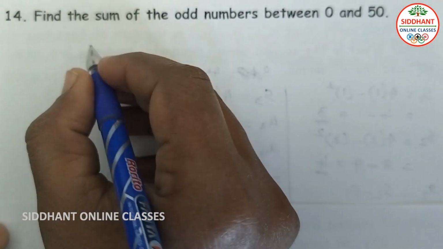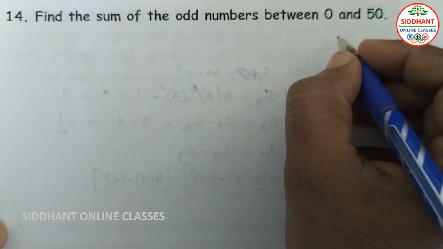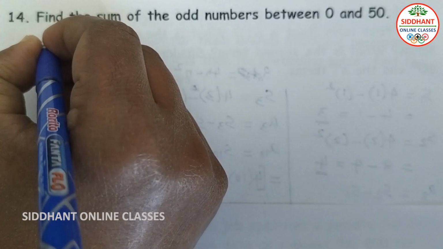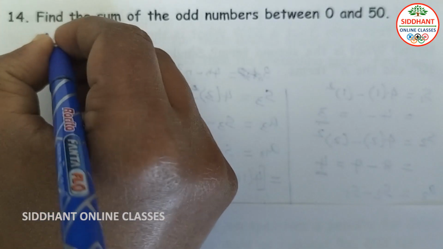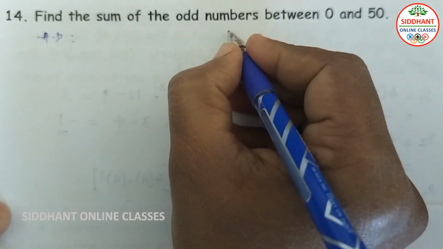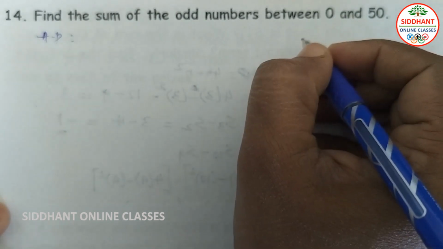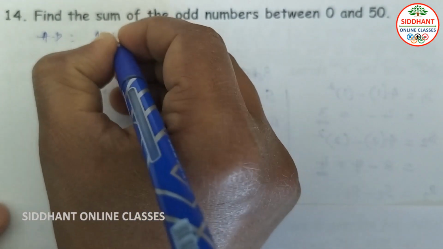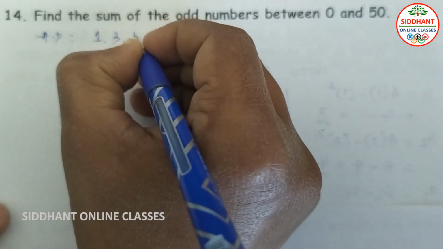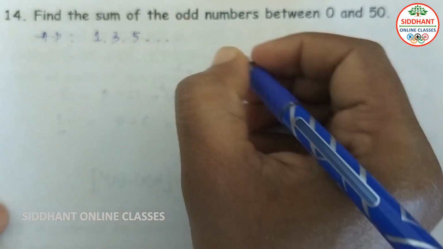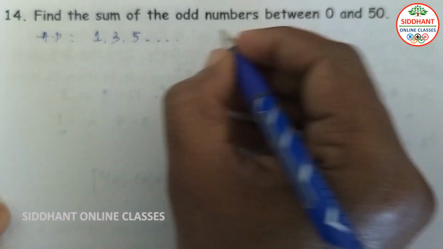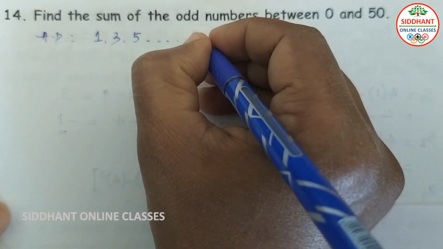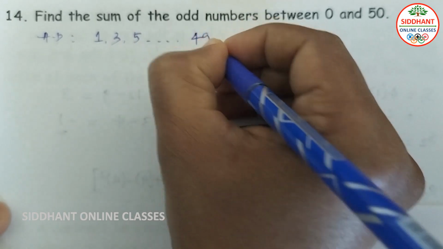Question number 14. Find the sum of odd numbers between 0 and 50. So the arithmetic progression, between 0 and 50, the odd numbers start from 1, 3, 5, and so on, up to 50. 50 is an even number, so the last odd number will be 49.